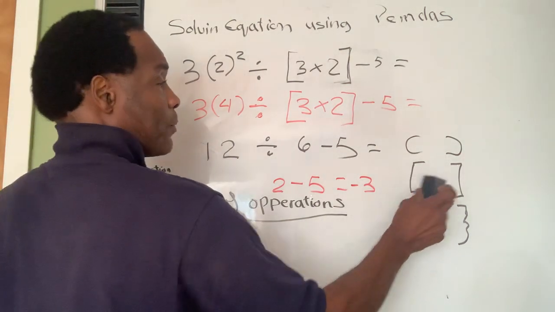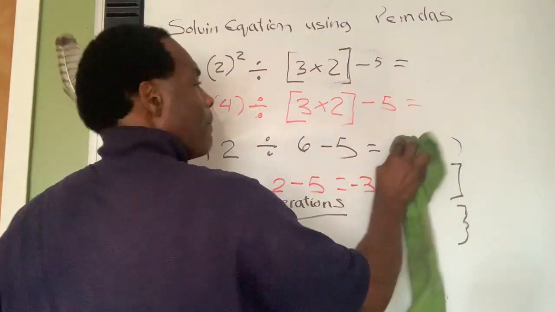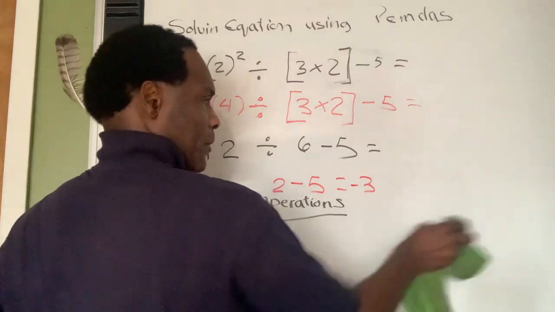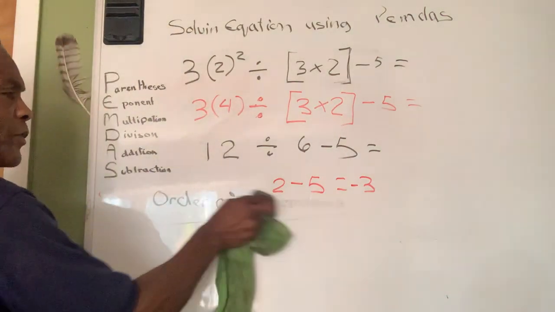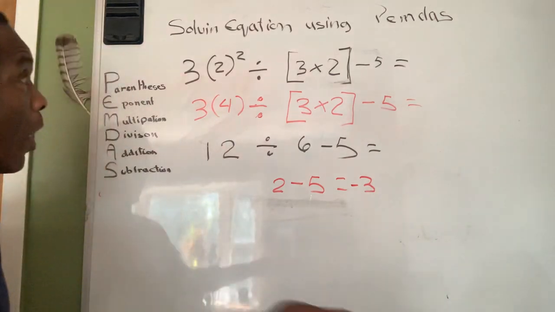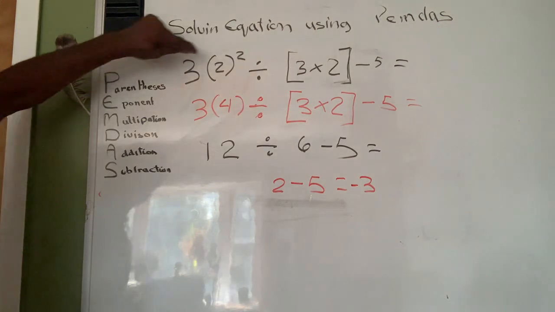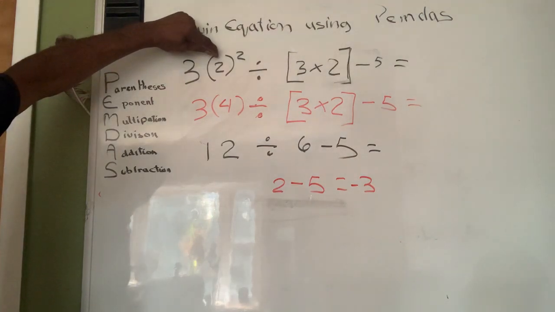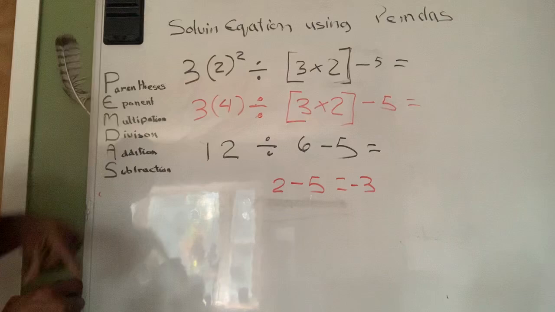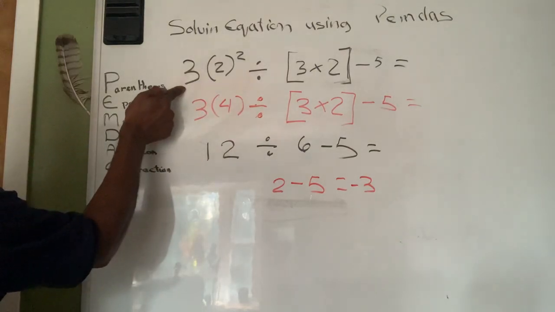The reason why you put parentheses next to any kind of mathematical equation is to isolate. This is called an exponent. This 3 would be called the coefficient.